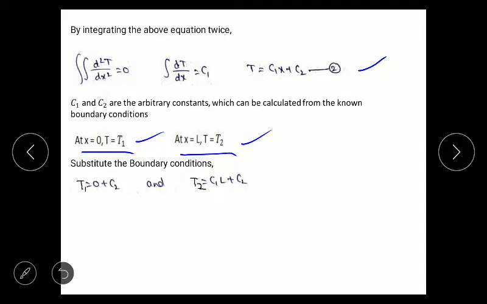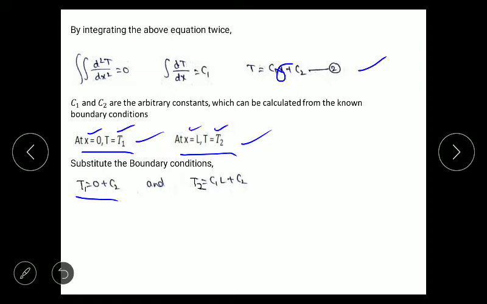When we apply the first boundary condition at x equal to 0, wherever you see x, substitute 0. Wherever you see T, substitute T1. Then T1 equal to C1 into x is 0. So 0 plus C2. T1 equal to 0 plus C2. Now the second boundary condition, wherever you see x, substitute L. Wherever you see T, substitute T2.